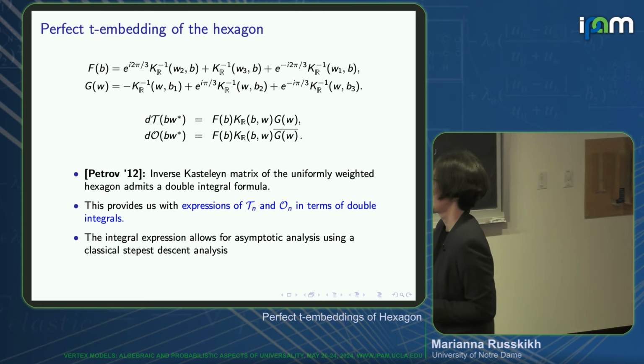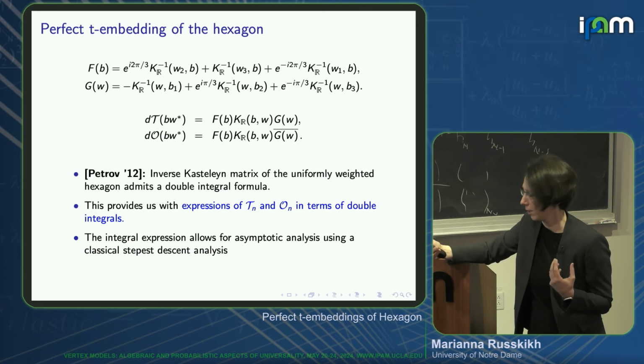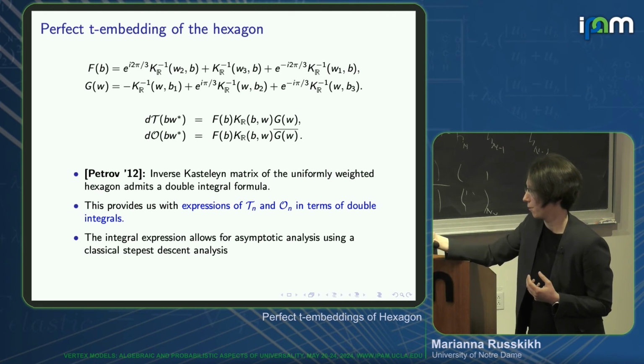Now, how do we check all other conditions? How do we show the convergence to the maximal surface in R^{2+1}? So we use the known result by Leo Petrov that for the setup of the uniformly weighted hexagon, the inverse Kasteleyn matrix admits a double integral formula. So all of those guys admit the double integral formula, right?